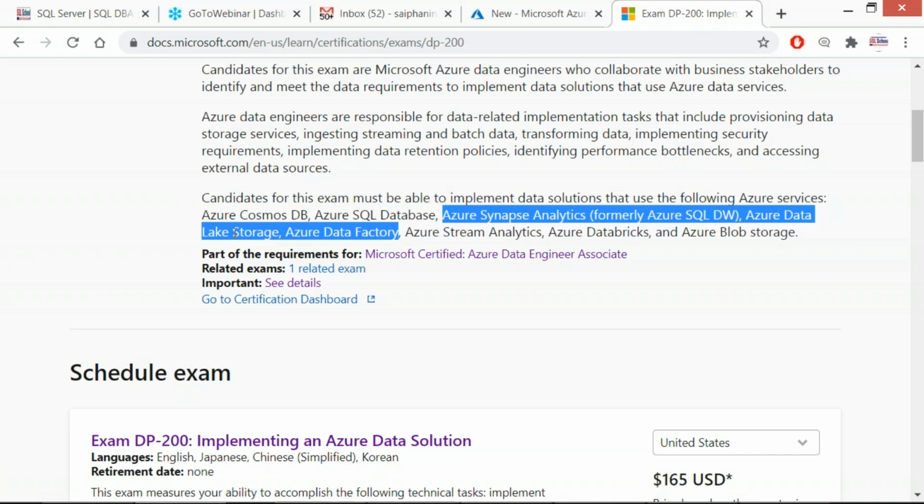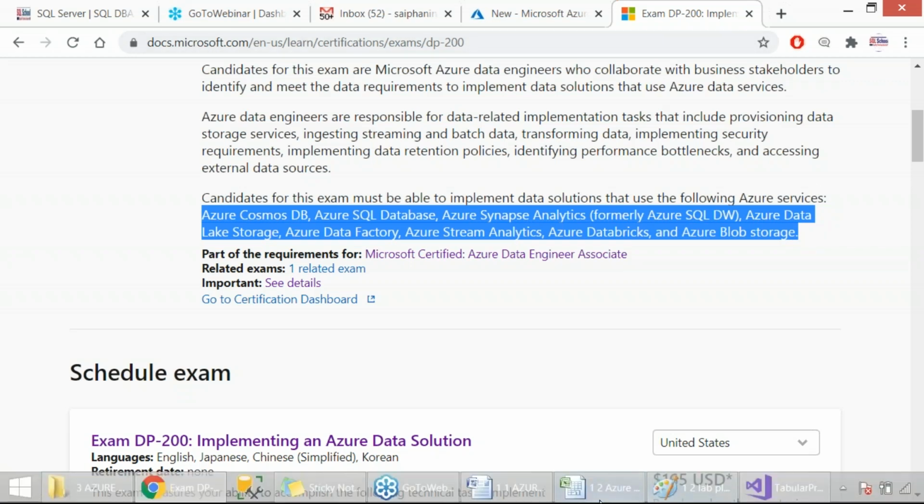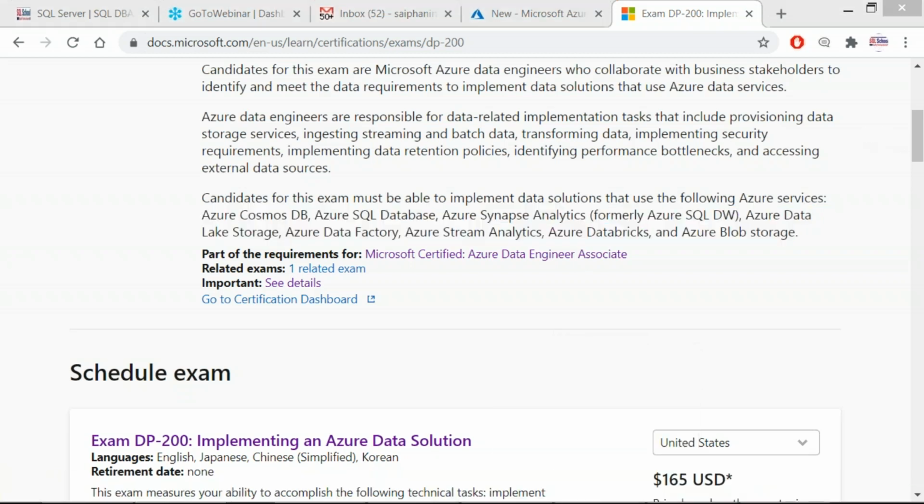This highlighted part is Azure BI. Azure Data Engineer is the complete course for both 200 and 201 certifications. And with this information, let me show you the complete course curriculum as well.